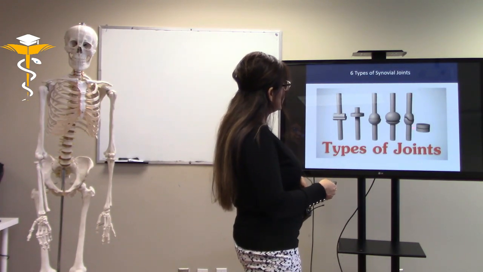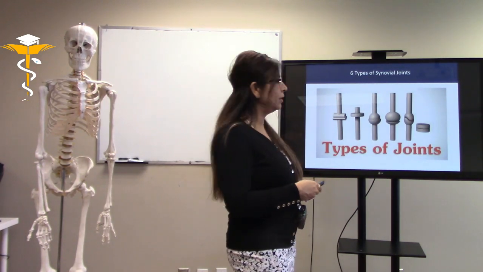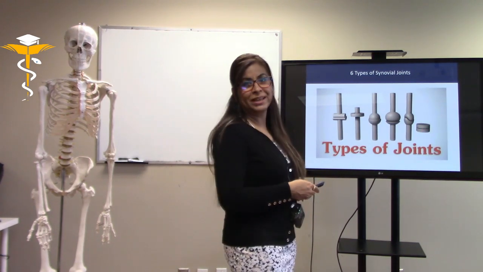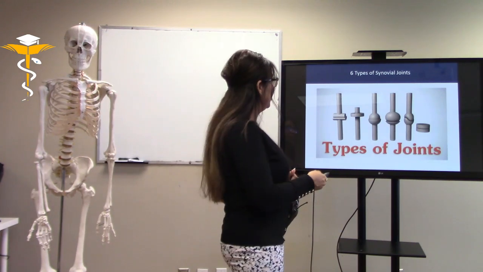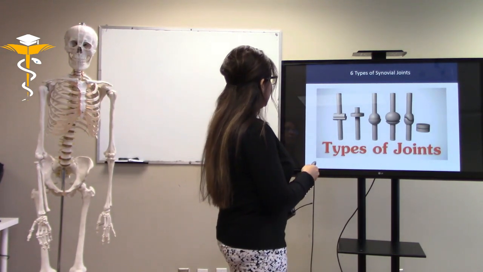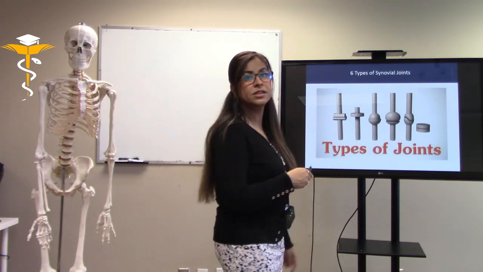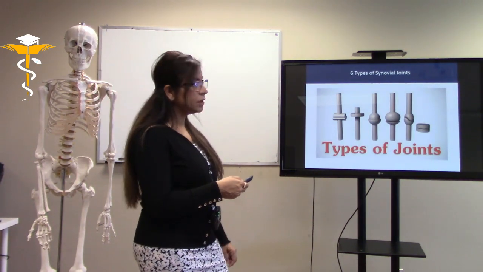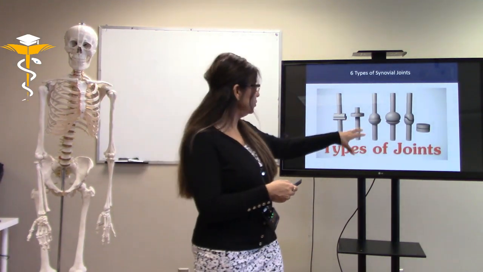This is the saddle joint, and this is the plain joint. Very plain in name, but still important. Also called the gliding joint. So these are the 6 types of synovial joints. So let's go read a little bit of detail into each one of those.